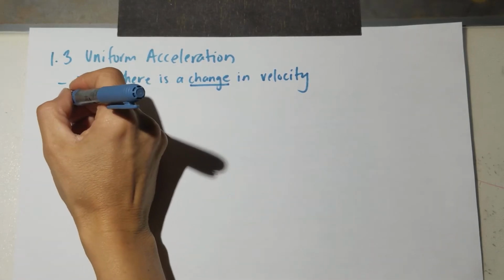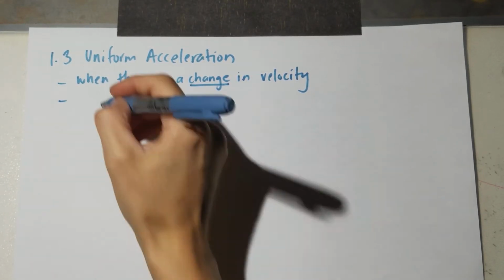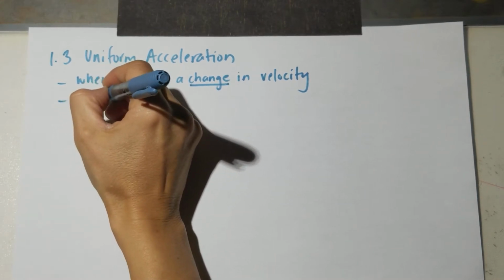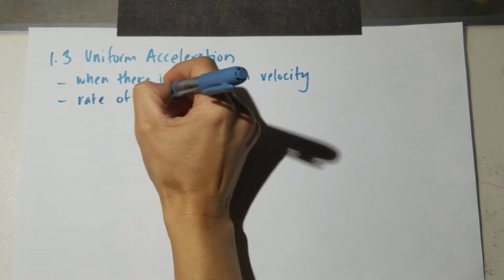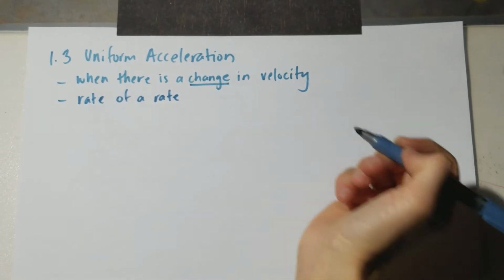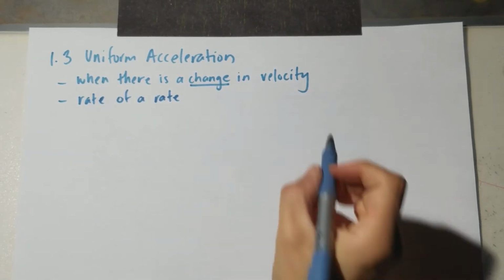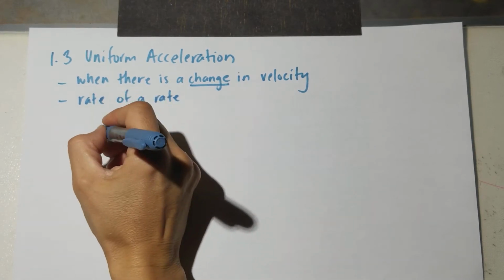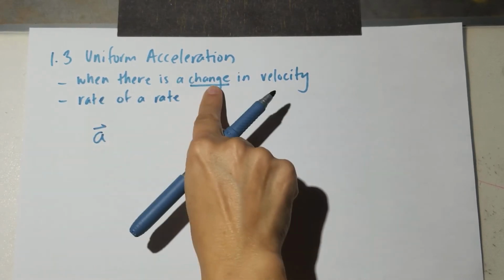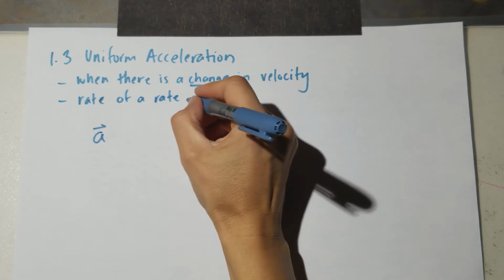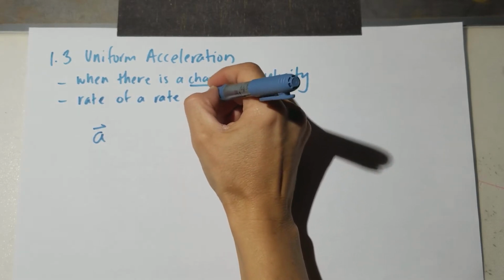So it's important and interesting to notice that acceleration is actually a rate of a rate with respect to time, because velocity is also a rate. So if we take this in words, it is change in velocity, and this has to do with a change with respect to time.